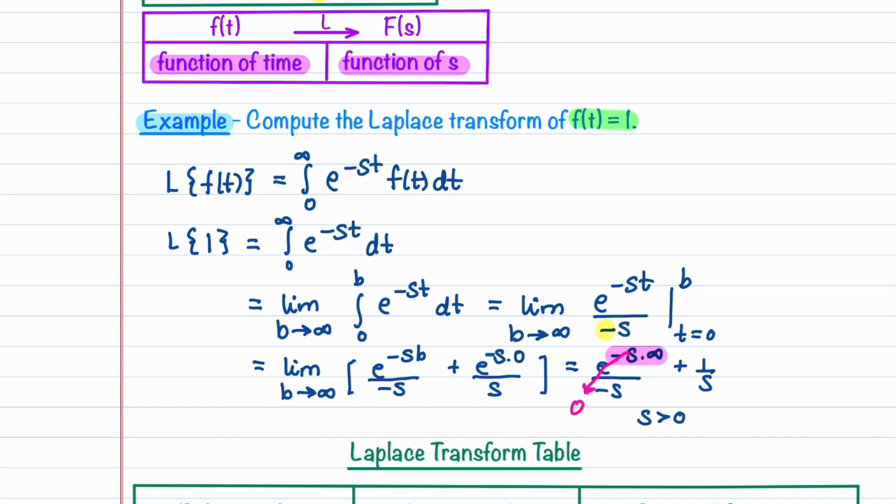So we're left with an answer of 1 divided by s. And let's also highlight that s is greater than 0. That is called our convergence condition. Notice that our answer is in terms of s and not in terms of t.